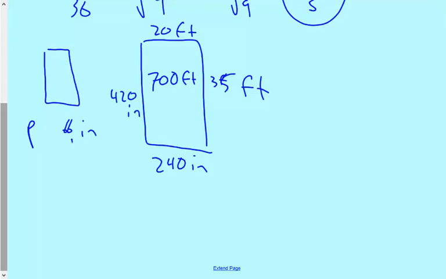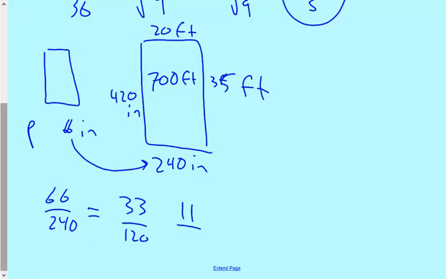So I have 66 to 240 if I'm comparing their side lengths. And let's just divide by 2, 33 to 120, divide by 3, 11 to 40. So my ratio of their side lengths is 11 to 40.